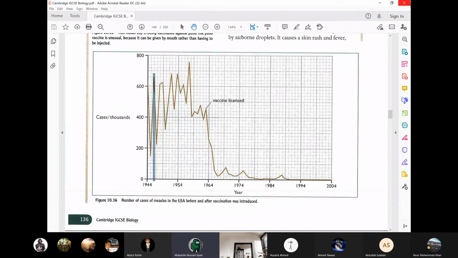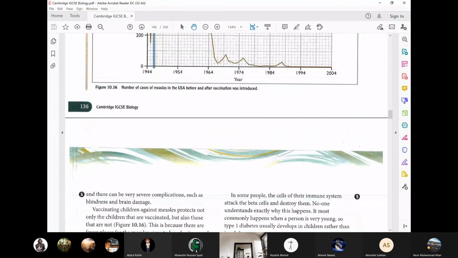Sir, from 60 onwards, when the vaccine was licensed, the cases began dropping very quickly, as we can see on the graph. No, no, no. You see, before that, 1944 up till 1964.